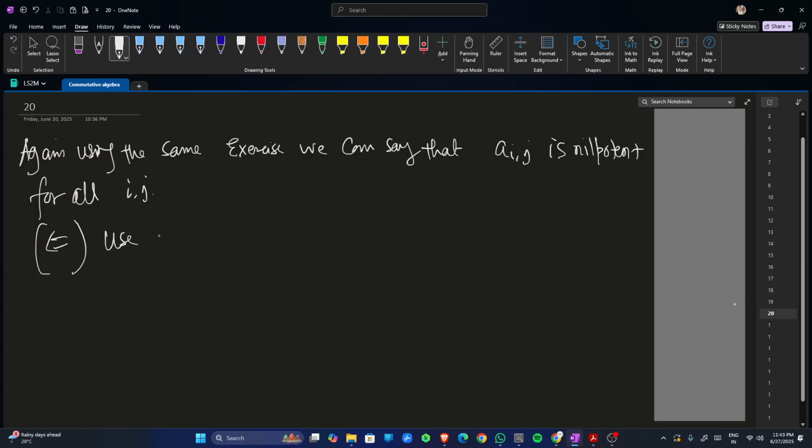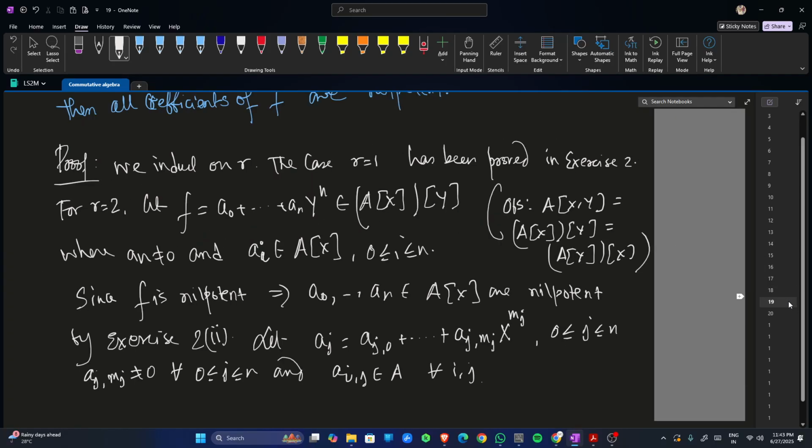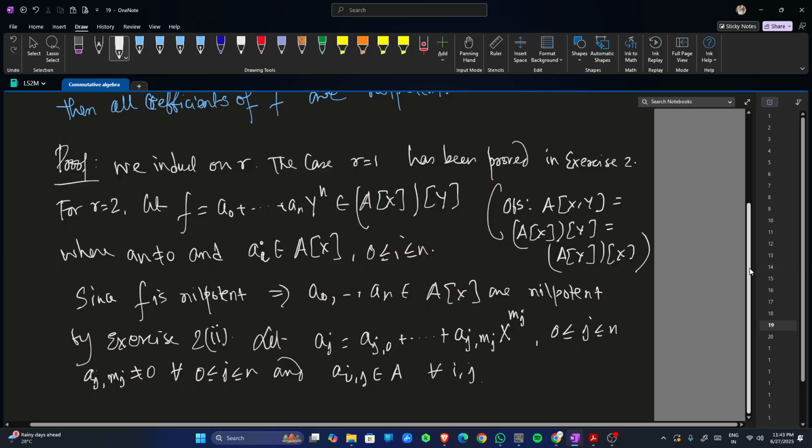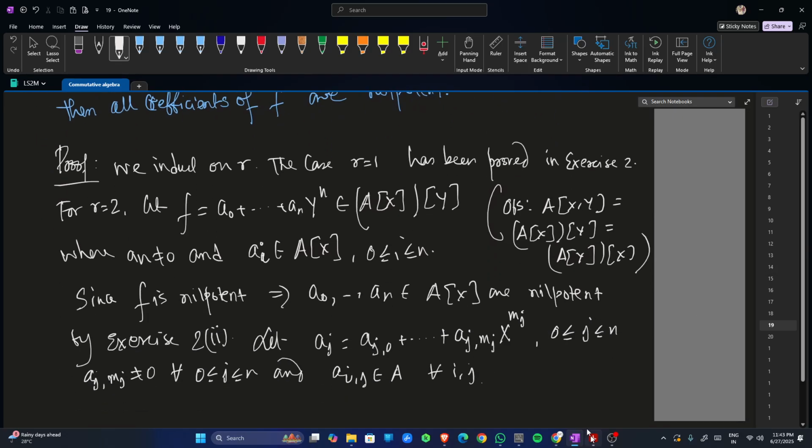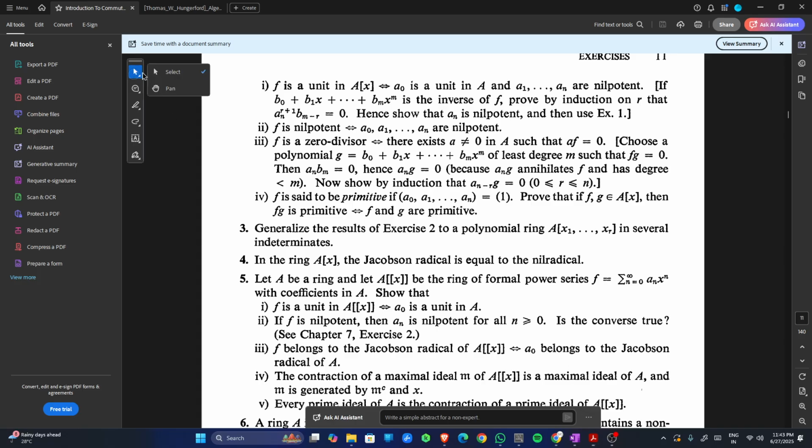Use, because nil A[x] is an ideal. So I guess I have proved all the stuff that I left.